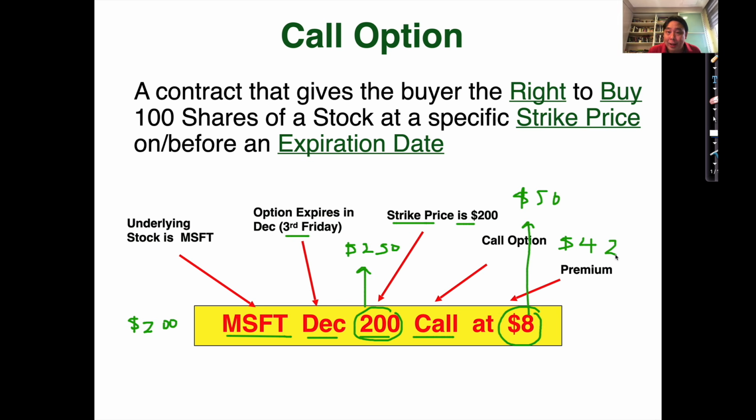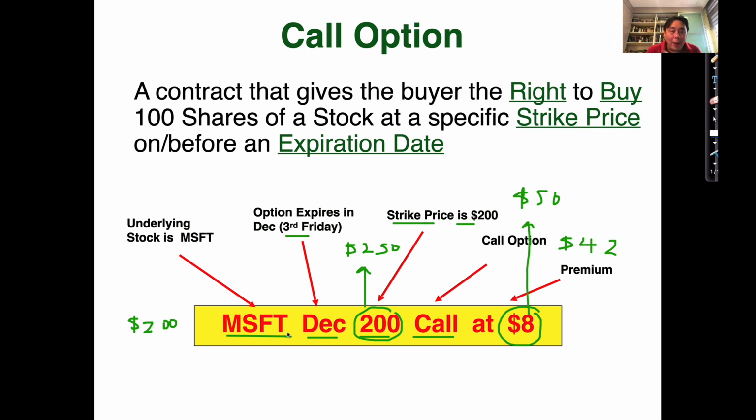So instead, they want to buy the option and resell the option at a higher price. So when you buy the option at the price of $8, and the stock price goes up, your options are worth more. You resell the option at a higher price, you make $42. Does that make sense? Okay.